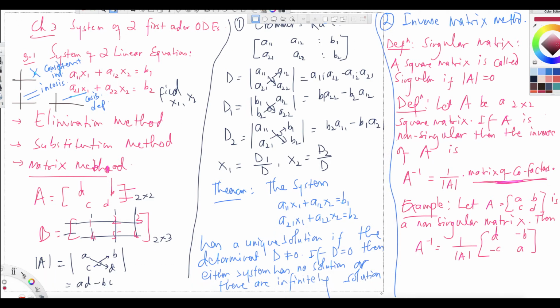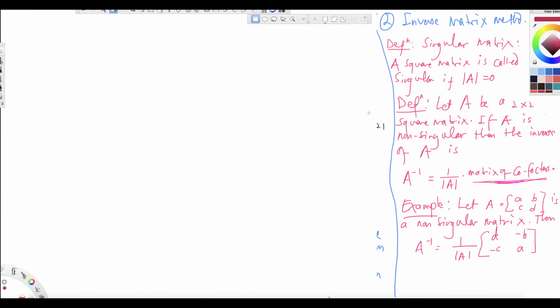That's the next thing I want to talk about. Suppose you have two linear equations like this: a11 x1 plus a12 x2 equals b1, and a21 x1 plus a22 x2 equals b2.